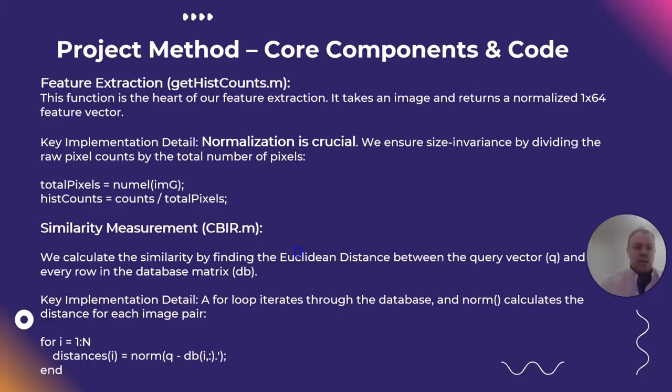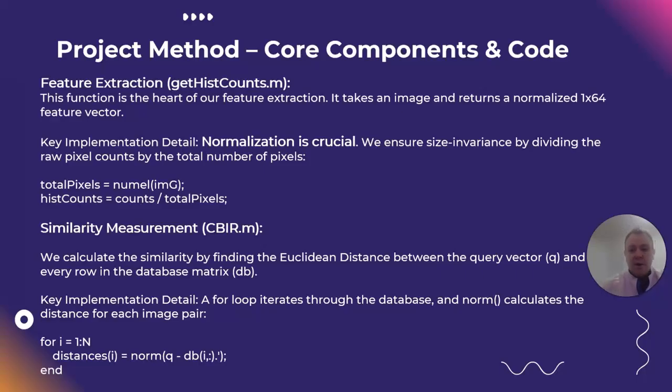Key implementation detail: normalization is crucial. We ensure size invariance by dividing the raw pixel counts by the number of pixels. So this is super important. Size invariance is basically being able to tell if an image or a similar image is the same if they're at different distances. If your hand is super close, it may look bigger, and if it's further away, it may look smaller.